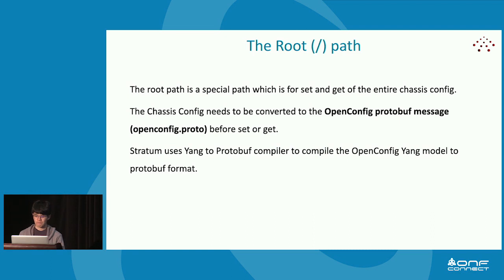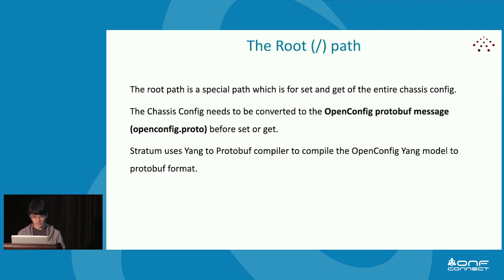But before you push, for example, you want to push the chassis config, you need to convert it to the OpenConfig model protobuf message, then push to this root path. And the same thing, if you want to get the entire config, you will get an OpenConfig-model-defined gNMI byte string from Stratum.